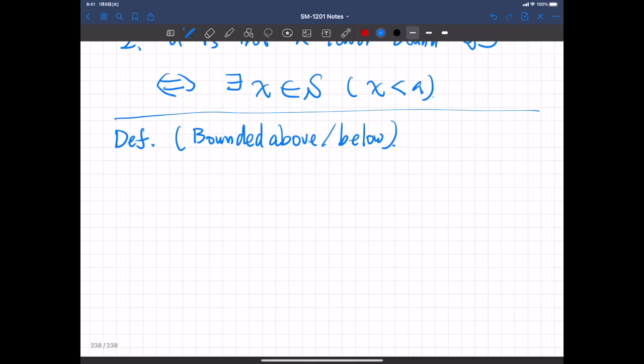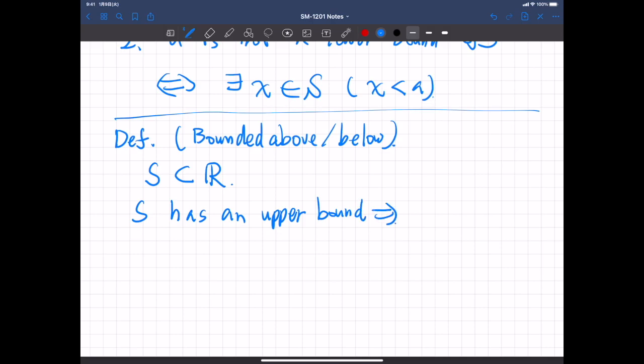Okay, so again, let S be a subset of real numbers, and if S has an upper bound, then S is bounded above.